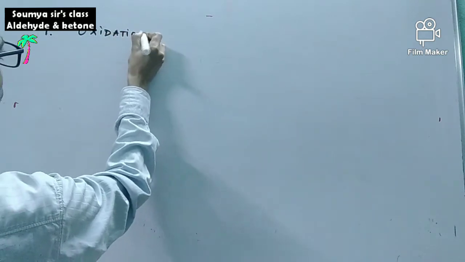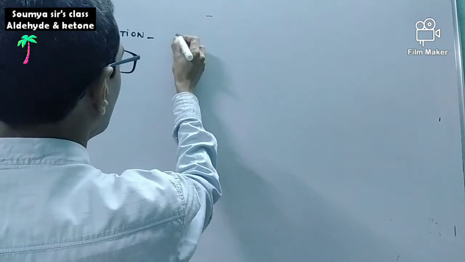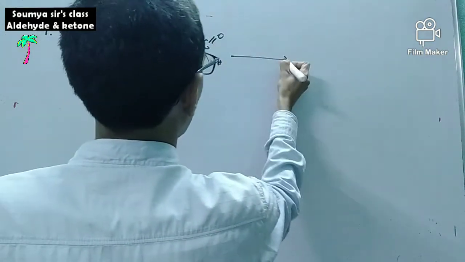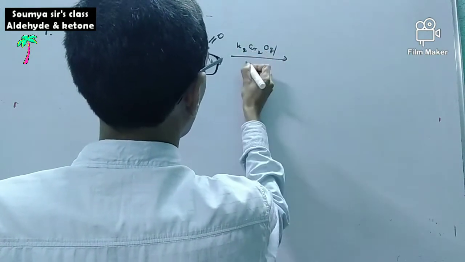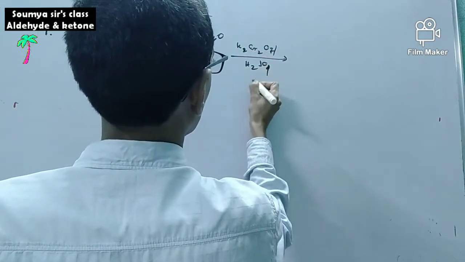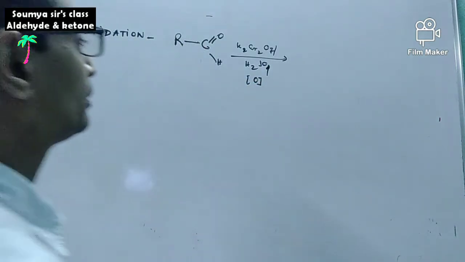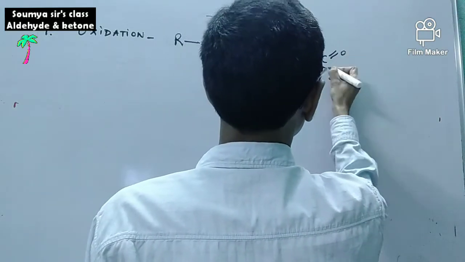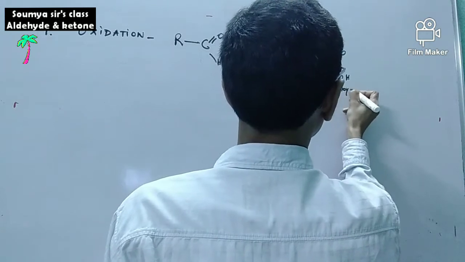The oxidation of aldehyde, that is RCHO, under the effect of K2Cr2O7 and H2SO4, which gives nascent oxygen, forms RCOOH. That means carboxylic acid.